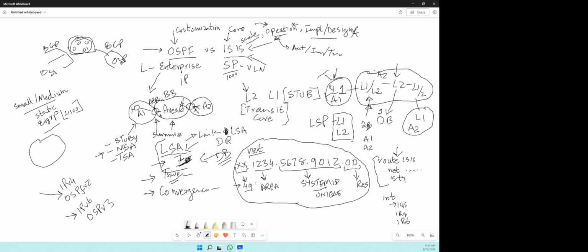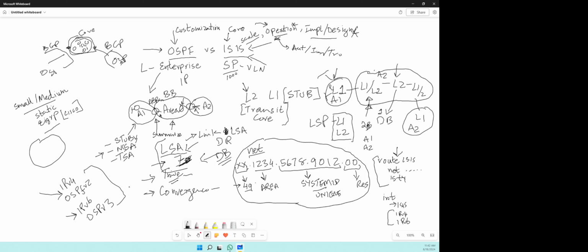That's how it works: in the core you have ISIS and BGP on the edge. So ISIS is very popular in large cores, because it scales well and it's operationally very simple to deploy from a design and implementation perspective. And number two is obviously the protocol family; V4 and V6 is so easy to enable compared to OSPF.